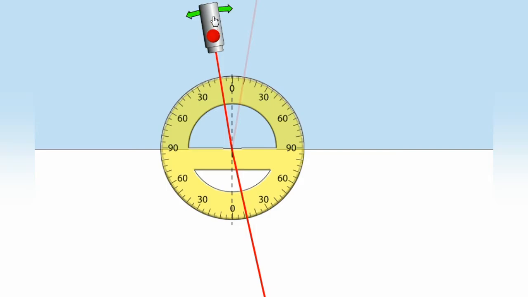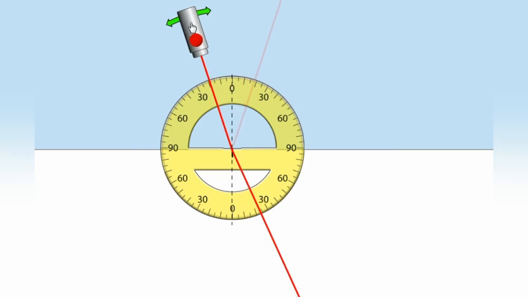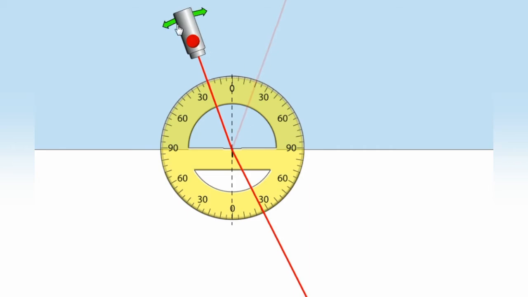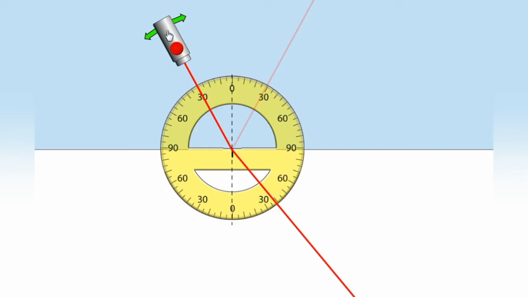Let us again increase the angle of incidence to 20 degrees. Again you can see a part of the light refracting and reflecting. Further, let us increase the angle of incidence. Now I placed the incident ray at an angle of 30 degrees to the normal.